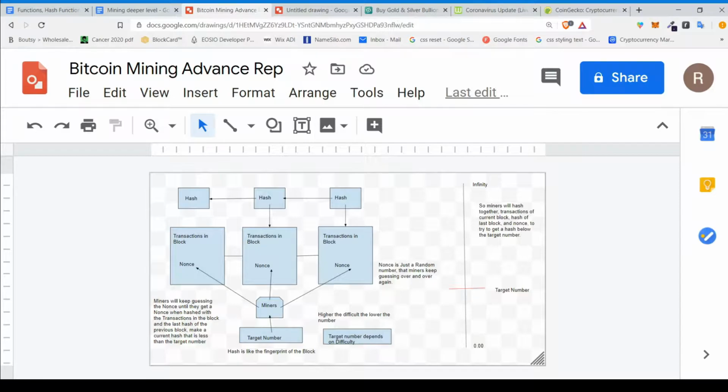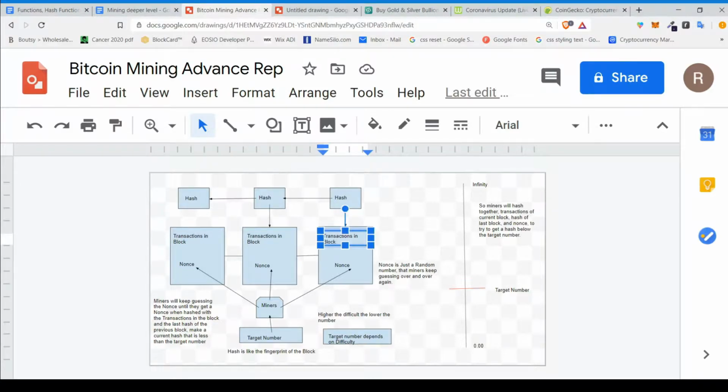Okay, so here's the first block in the blockchain. Let's just say this is the one the miners are currently working on. To make the hash for this block, they need to hash together the transactions in the block with the hash of the previous block and the nonce.